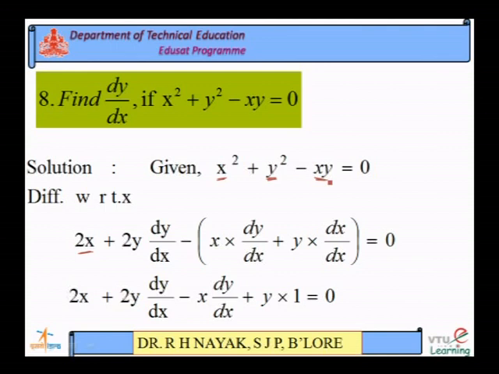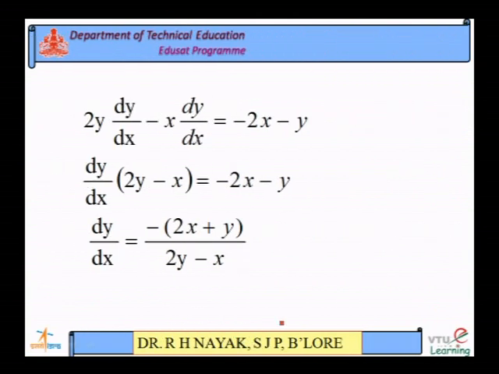Inside the bracket use the product rule, where u is x and v is y. Product rule is first function x into d by dx of second function y, plus second function into d by dx of first. So minus, into plus, minus 1 into x is x, differentiation of y is dy by dx, plus into minus, minus. Here we have to put a bracket, otherwise you can take multiplication, y into differentiation of x, which is 1.